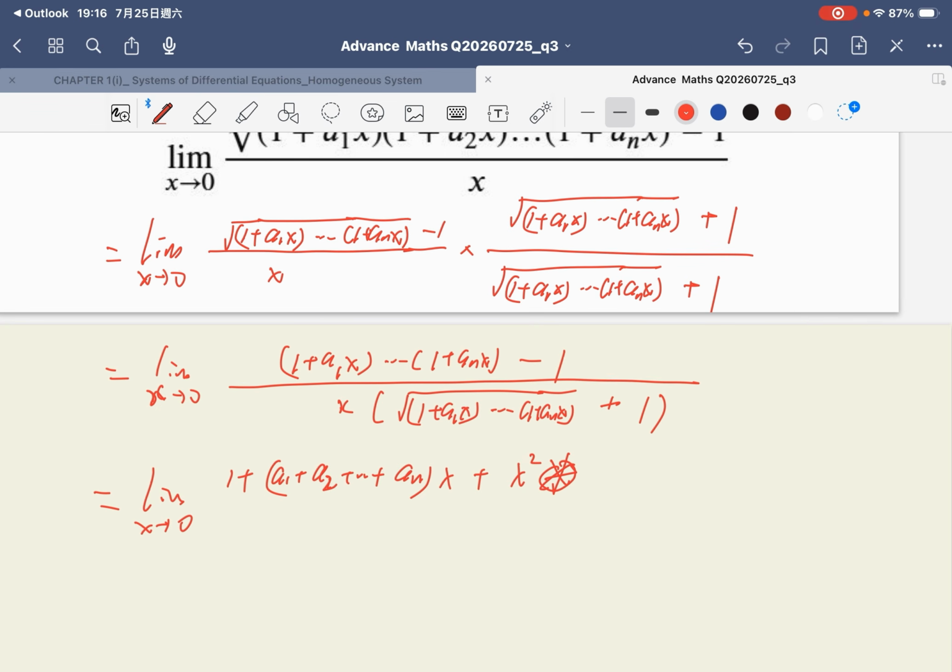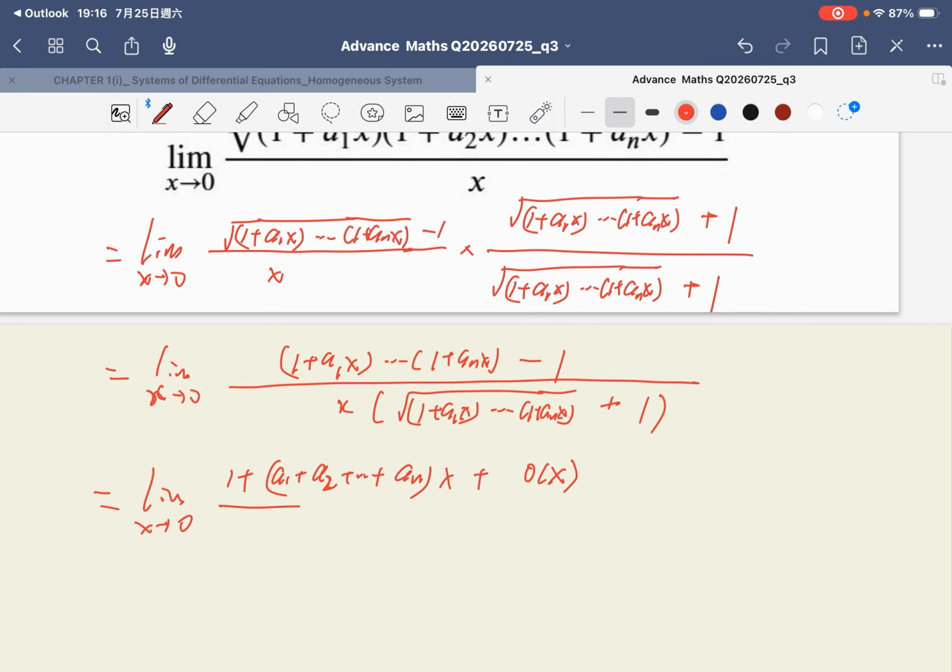I don't want to write down all of them because it is not easy, and it would waste time. So I skip those terms and use the small o.